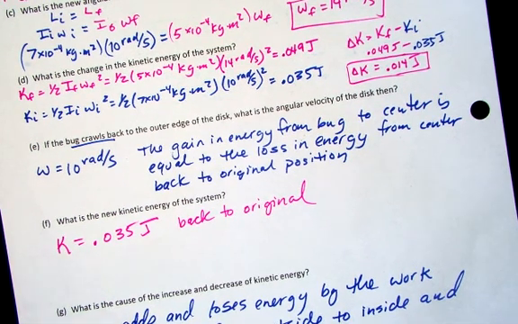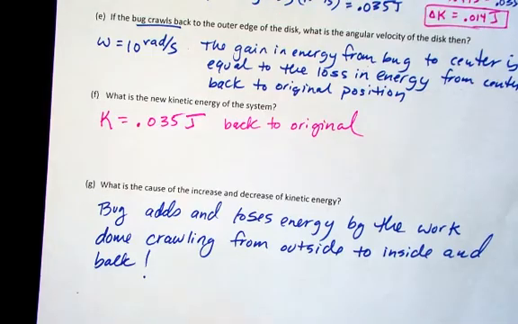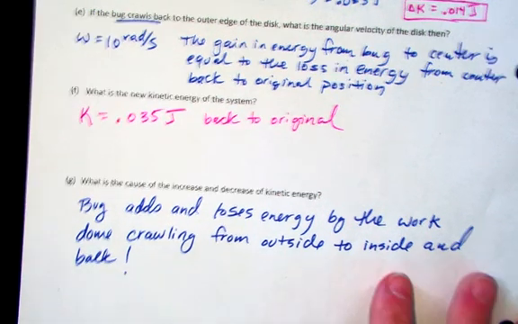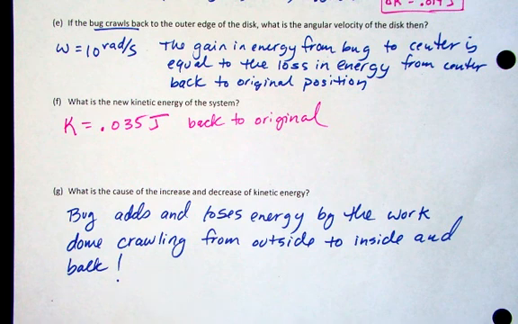So the bug is just going to add energy as it walks to the center. It's going to lose energy as it walks back to the edge of the disk.